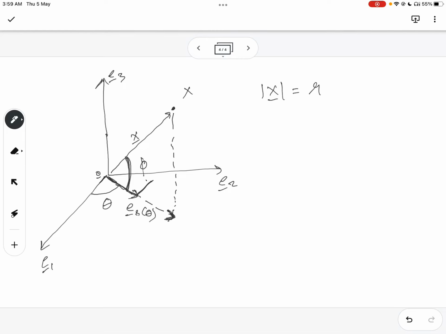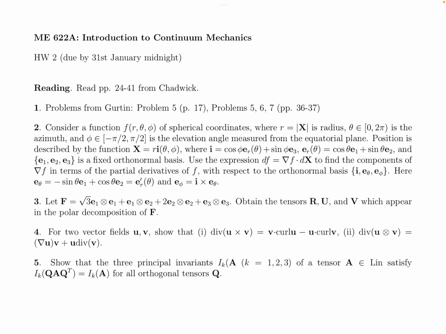So perpendicular to this would be e theta, and this, perpendicular to x along the direction of phi, is e phi. So the vectors are given here.